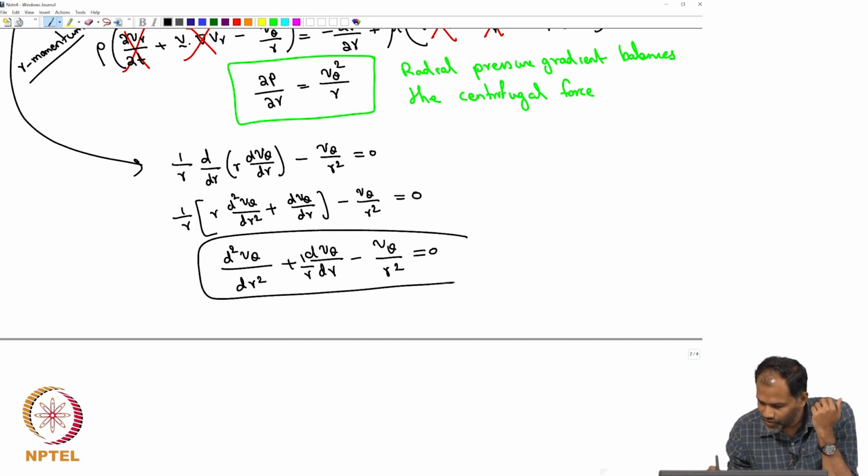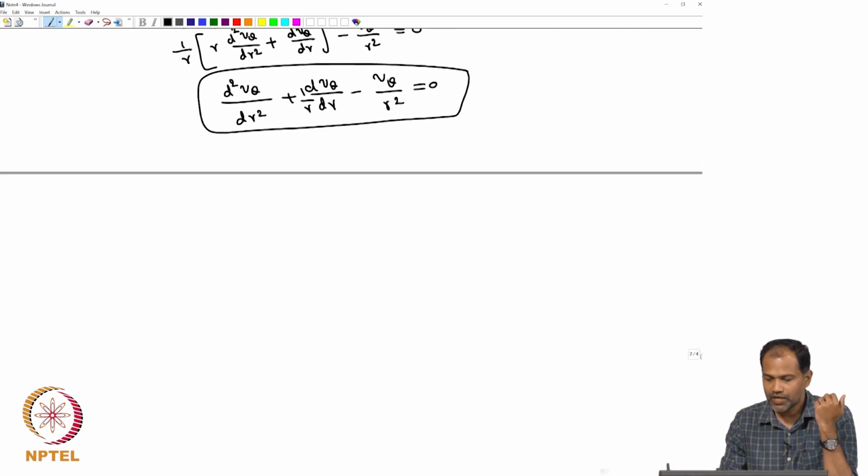So, that is the differential equation that we need to solve.